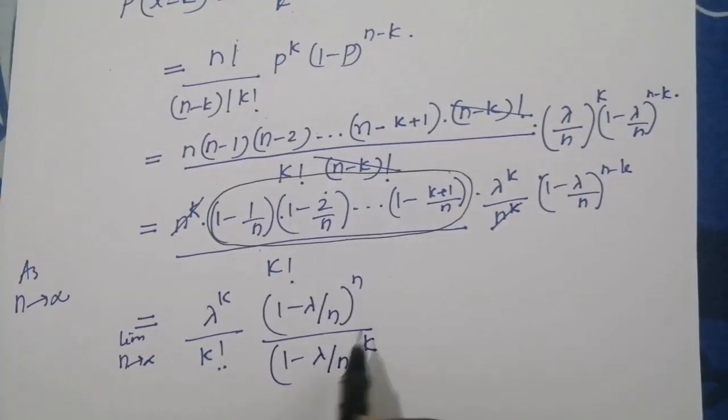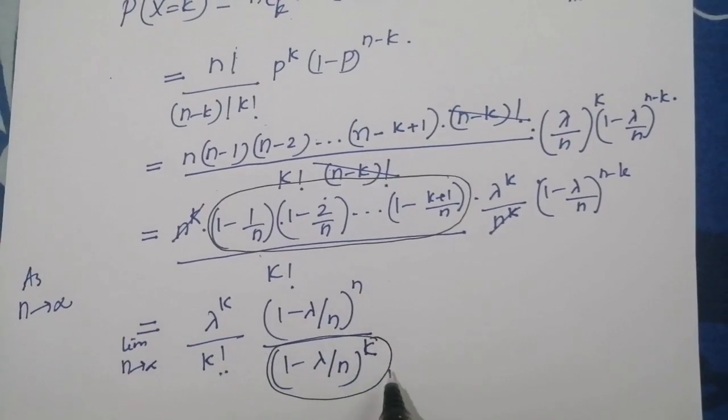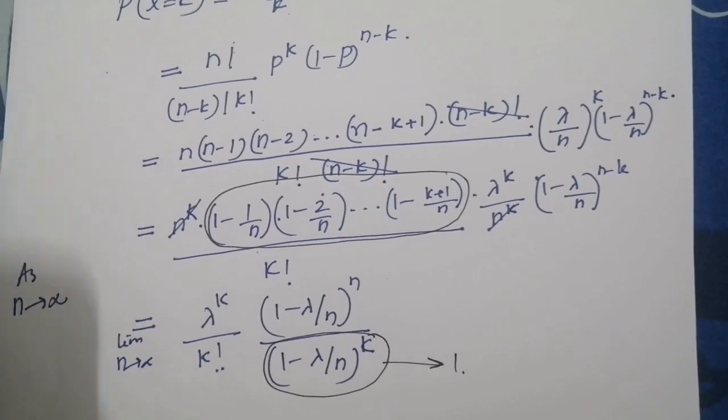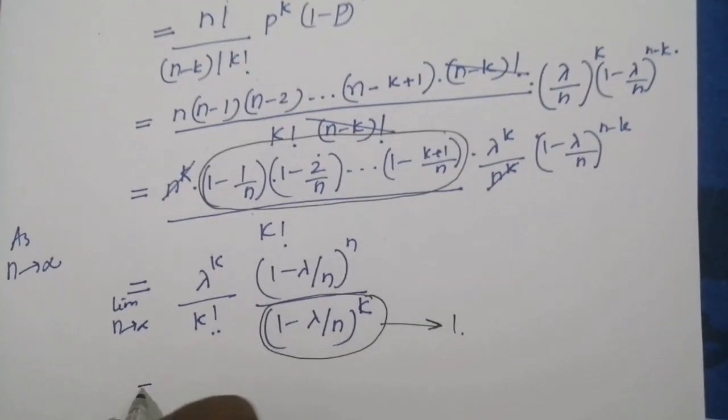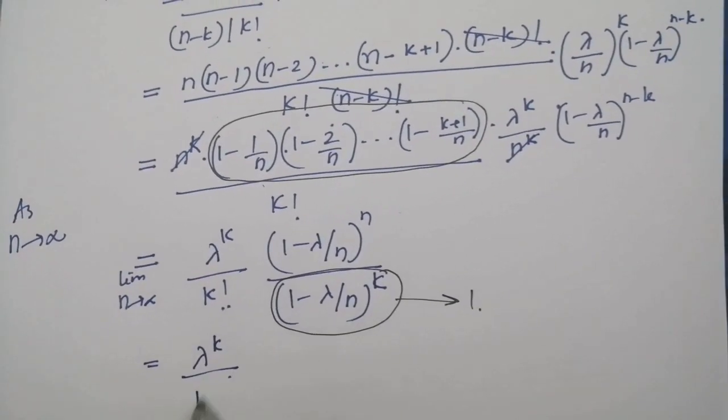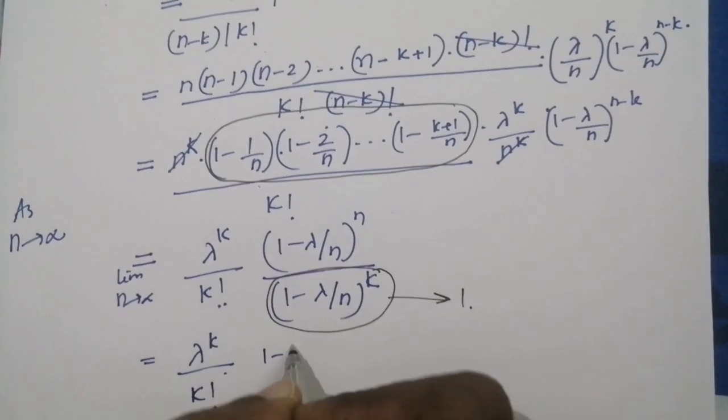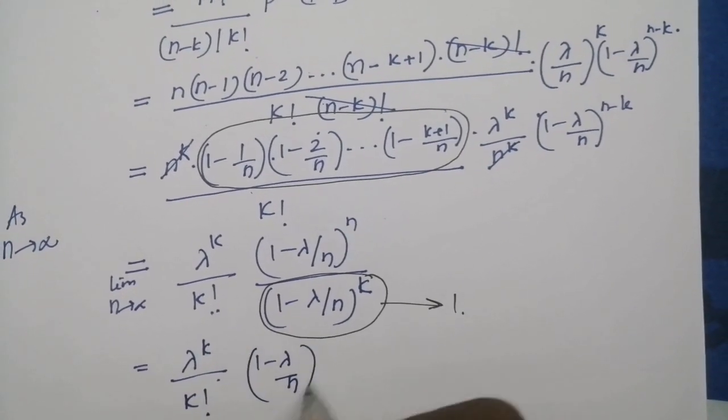Again, as n tends to infinity, the denominator becomes 1. So what we are left with is lambda raised to k by k factorial, 1 minus lambda by n the whole raised to n.